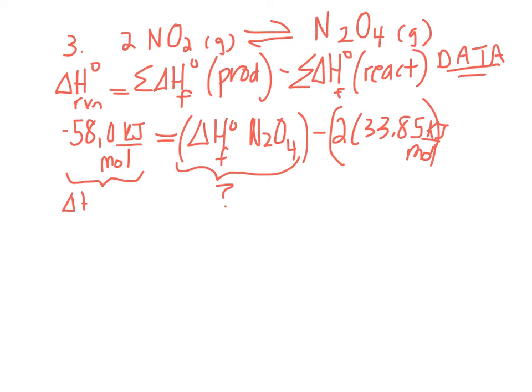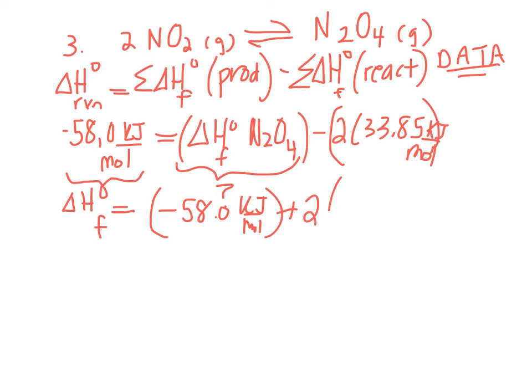So the enthalpy of formation of NO2 is going to be equal to minus 58.0 kilojoules per mole plus 2 times 33.85 kilojoules per mole.